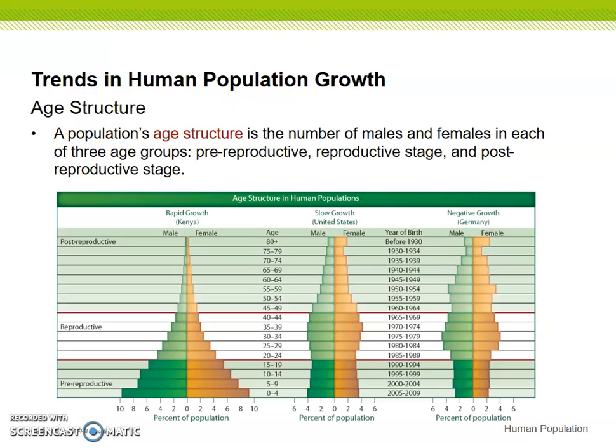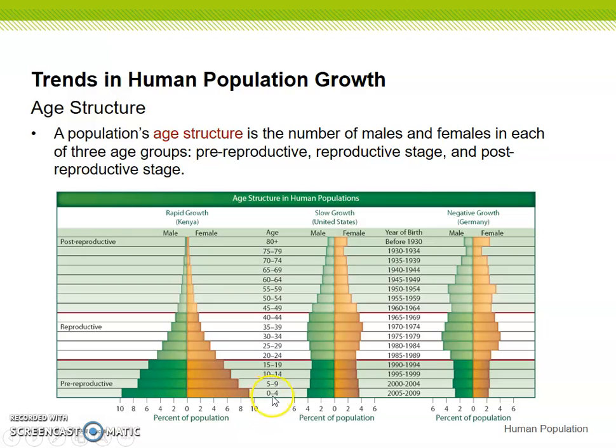So here we have some age structures. A population's age structure is the number of males and females in each of the 3 age groups: pre-reproductive, reproductive stage, and post-reproductive stage. On the right, we have females, and on the left we have males, and it shows the percentage of the population that are in each of those age categories.